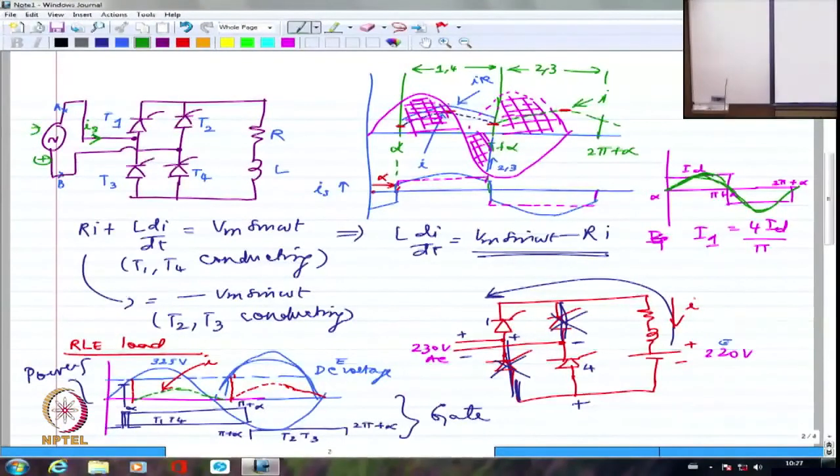So if I try to look at this voltage versus this current, how they are displaced from each other. Please note, the current that was flowing in the supply, which is far from being sinusoidal, was shifted from the original voltage by alpha, if I am firing the thyristor converter at a firing angle of alpha.